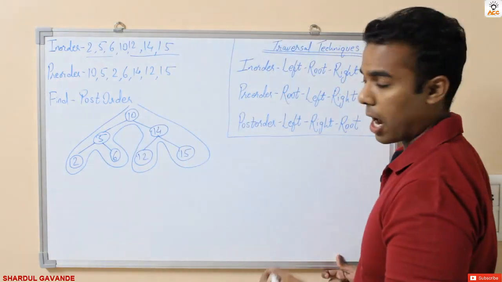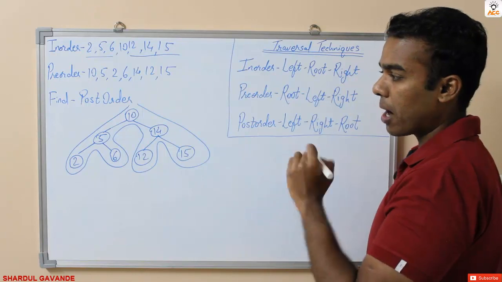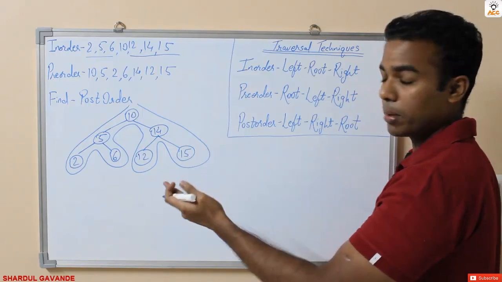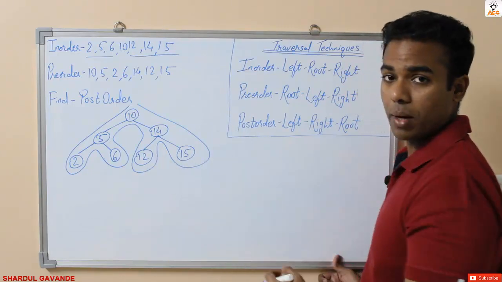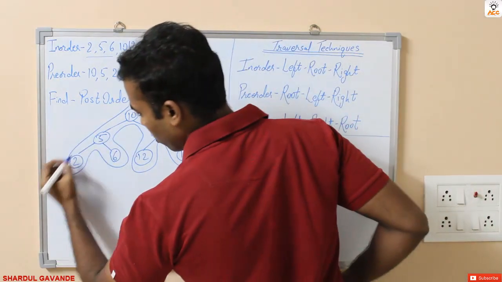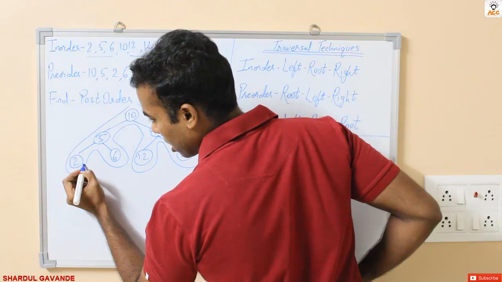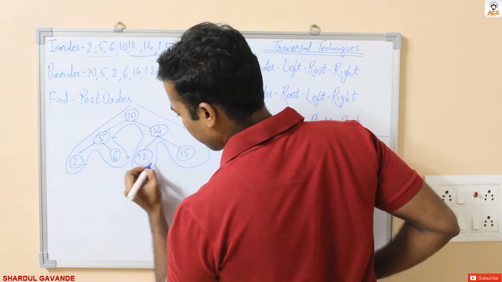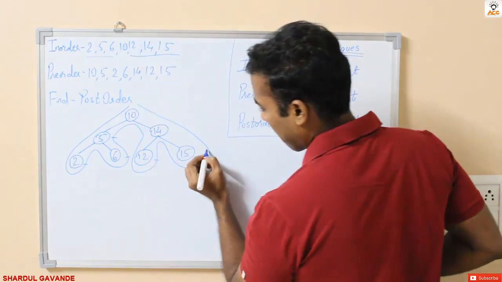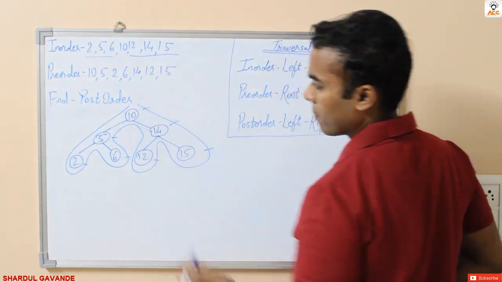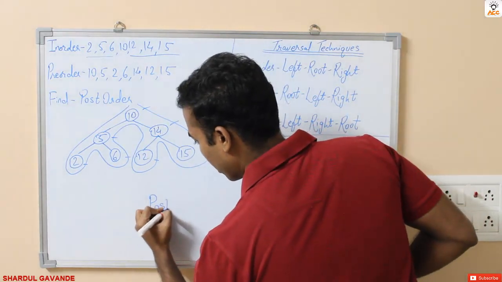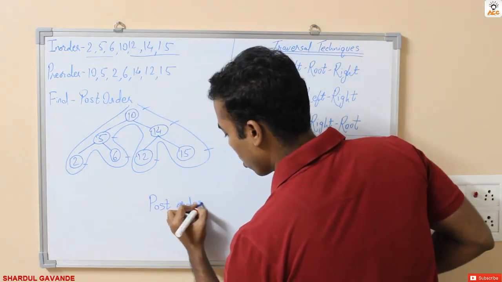So this is the path, and we have to make a mark on our node. Since it is post order, the marking would be to the right side of my node. Following this path I will mark to the right side of my node. Okay, and from this marking I will find my post order.